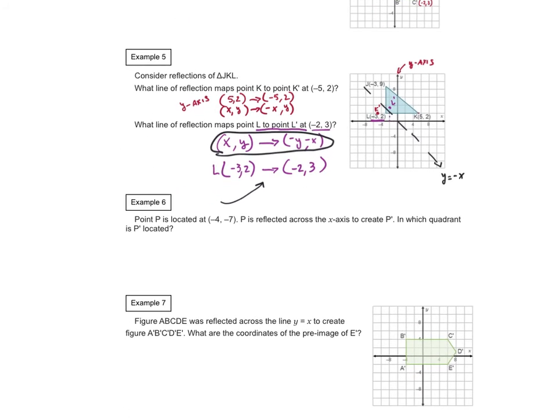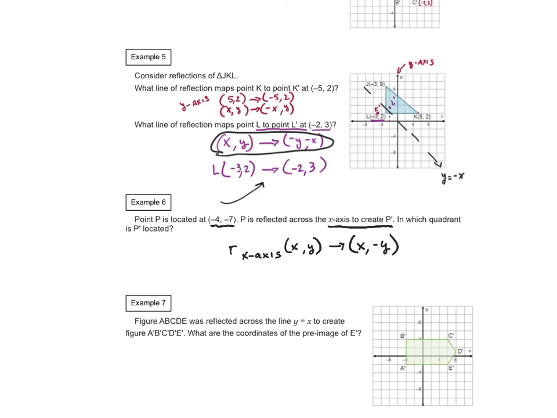Let's see here, continuing on, we have a point P which is located here. If we reflected it across the x-axis to create P prime, in which coordinate is the P prime located? Well, I have a reflection over the x-axis, and my mapping, we said, was going to be: my x remained the same, but my y was negated.